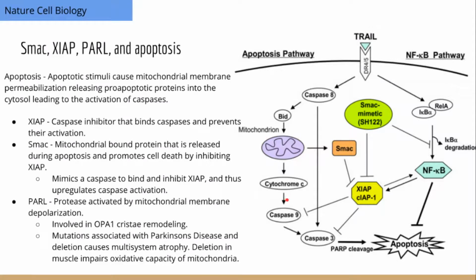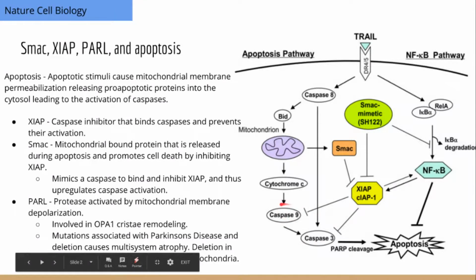So cytochrome C induces the formation of the apoptosome, which is the caspase activation platform for caspase 9. Caspase 9 then goes on to cleave caspase 3 and 7. And a common mechanism of assaying caspase activation, as you can see in this graphic, is the amount of cleaved PARP.